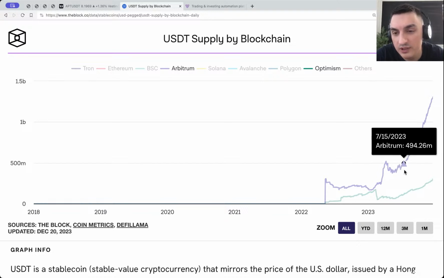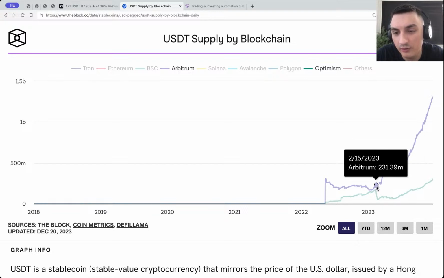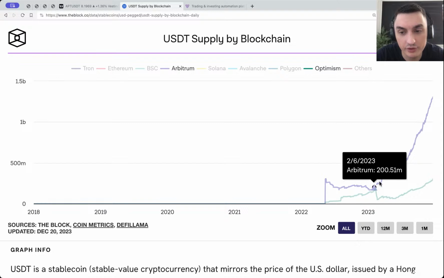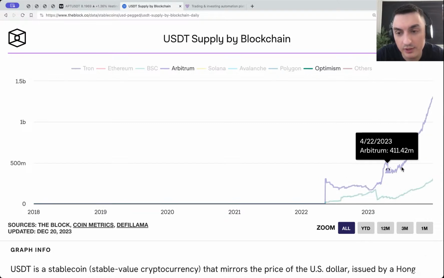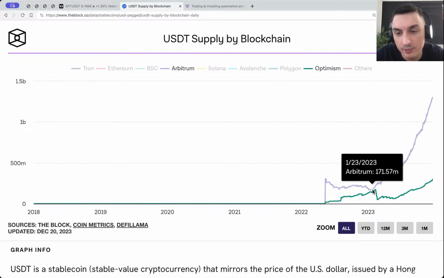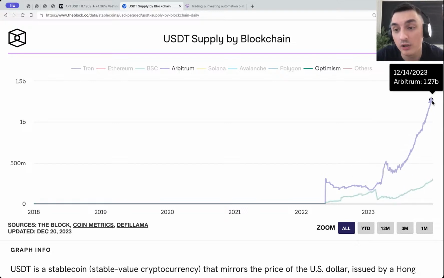Since the beginning of this year we had a really sudden surge on this blockchain. At the beginning of the year we had only a $170 million supply, but right now we are quickly approaching $1.5 billion.